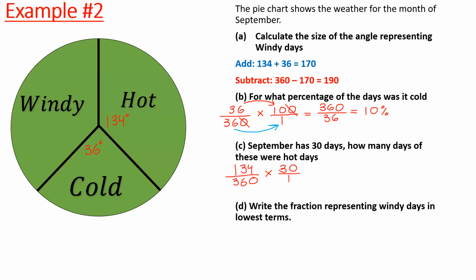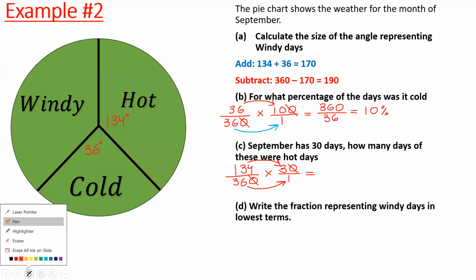Then we cancel the zeros. This 0 cancels with that 0. So we are left with 134 multiplied by 3 and 36 multiplied by 1. Let me not multiply them out yet.